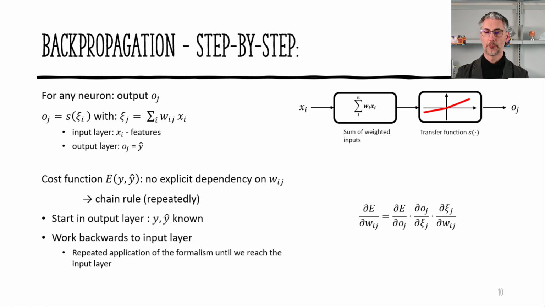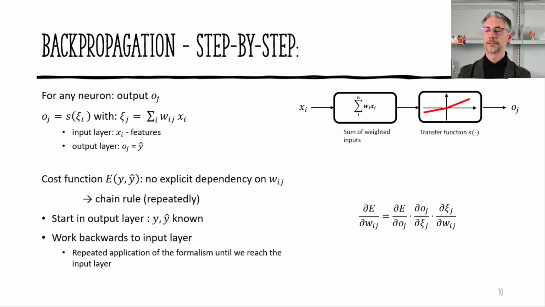So we start in the output layer because here we know the values of the true label y and the prediction y hat. And then we work our way backwards to the input layer by applying the same formalism until we reach the input layer. So graphically on the right hand, what we see here on the top is we have the input features, we get the sum of weighted inputs, apply the transfer function and get the output for this neuron.